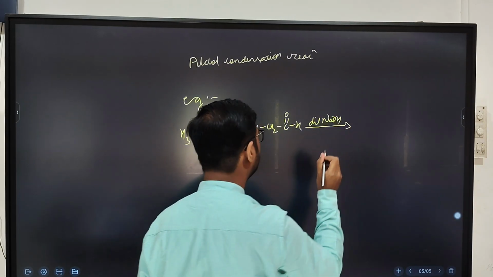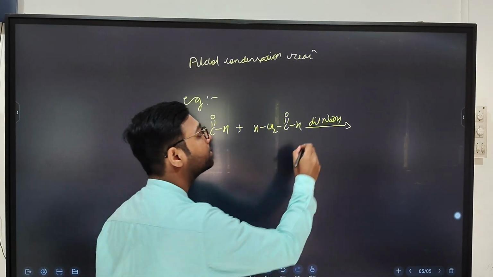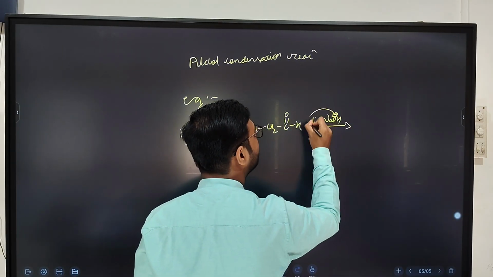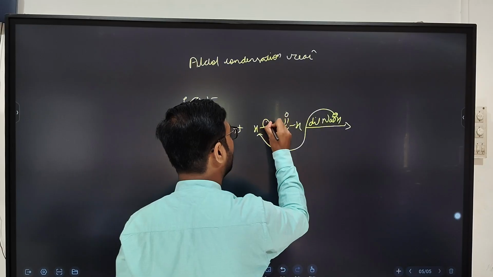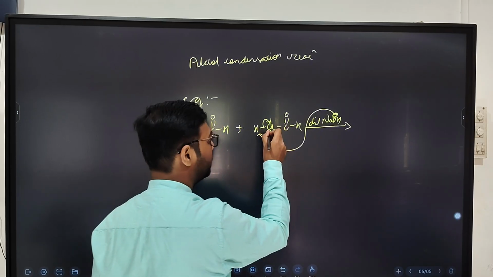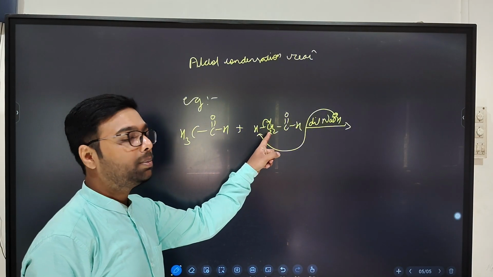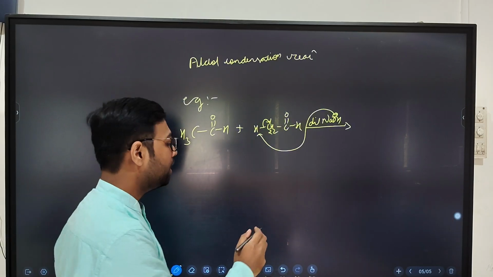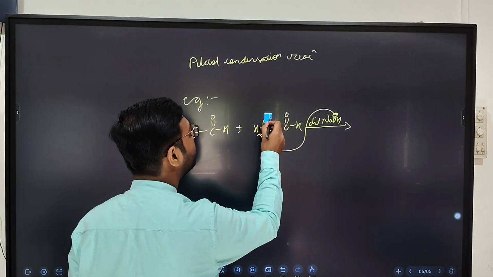So you see, what will happen is this NaOH will abstract the proton of this carbon. This is the alpha carbon, so this is the alpha hydrogen. It will form a carbanion on this carbon. So let's see how it will form.